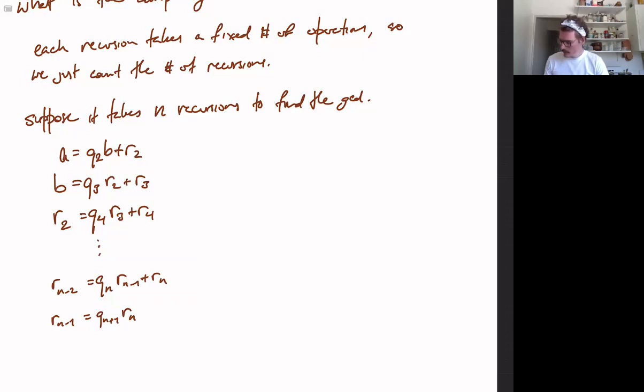So Rn is not 0, so it's at least 1. So it's greater than or equal to the second Fibonacci number, which is 1. And similarly, the second to last remainder, well, we know it has to be greater than the last remainder.